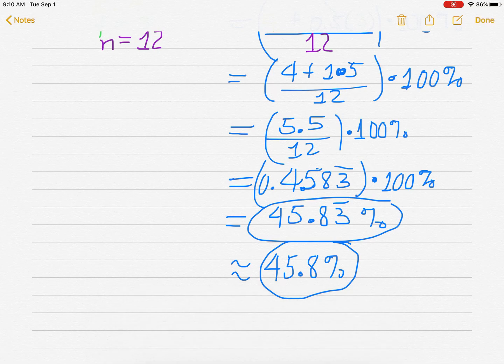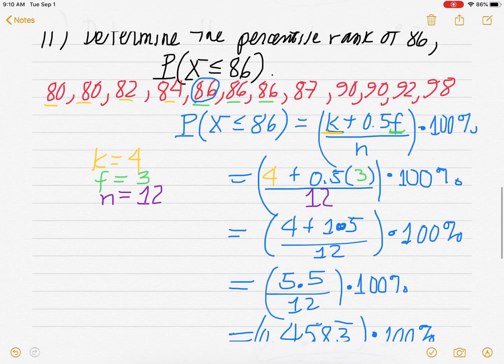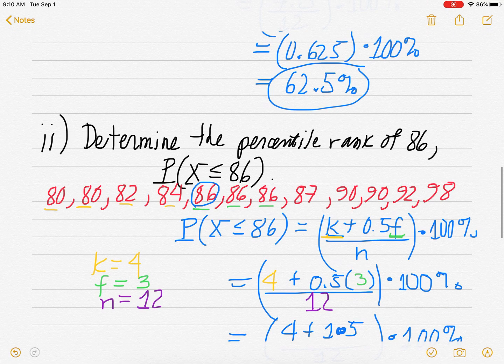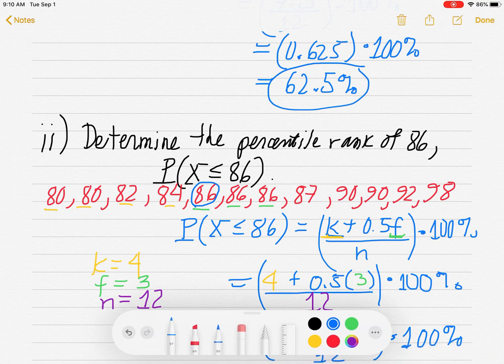So what's that saying? Roughly 45.8% of all the data values are less than or equal to 86. So this takes into account the repetitions of the 86. In actuality, what this does with the frequencies is basically pick out the middle 86.